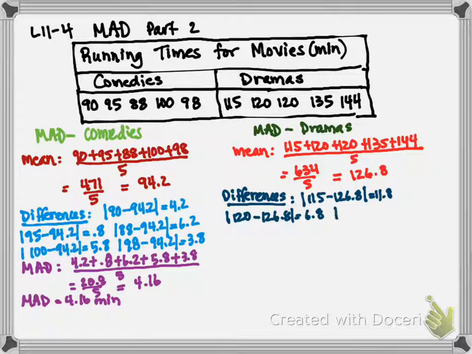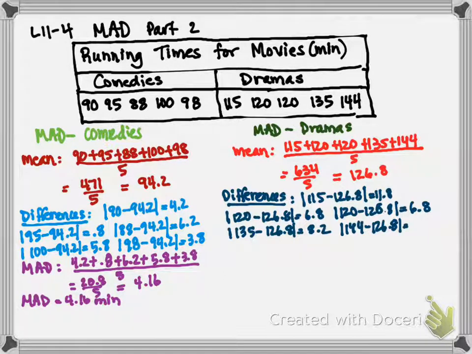We get that same thing again because 120 repeats, giving us 6.8. All right, we only have 2 more. 135 take away 126.8, the absolute value of that difference is 8.2. And last we have 144 take away 126.8, and that's going to give us a whopping 17.2.